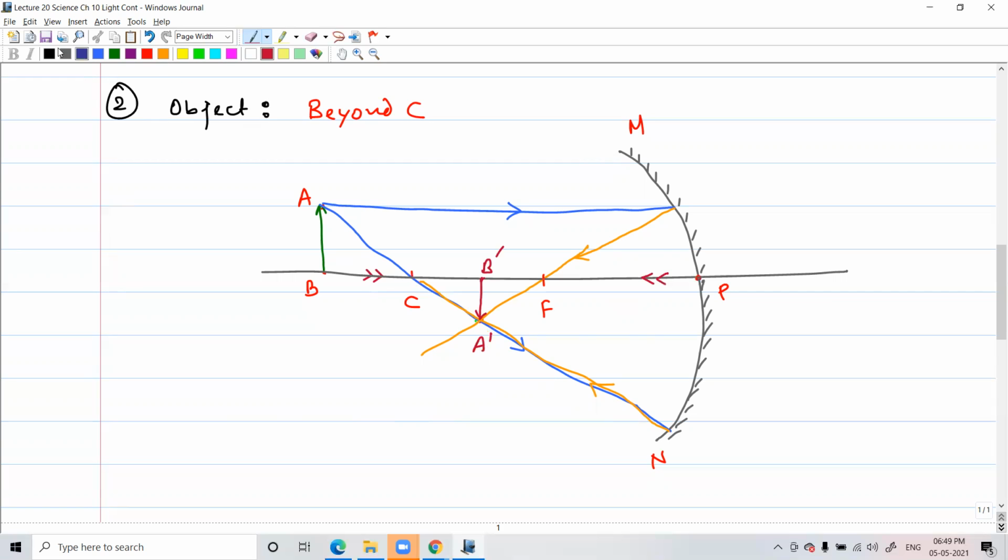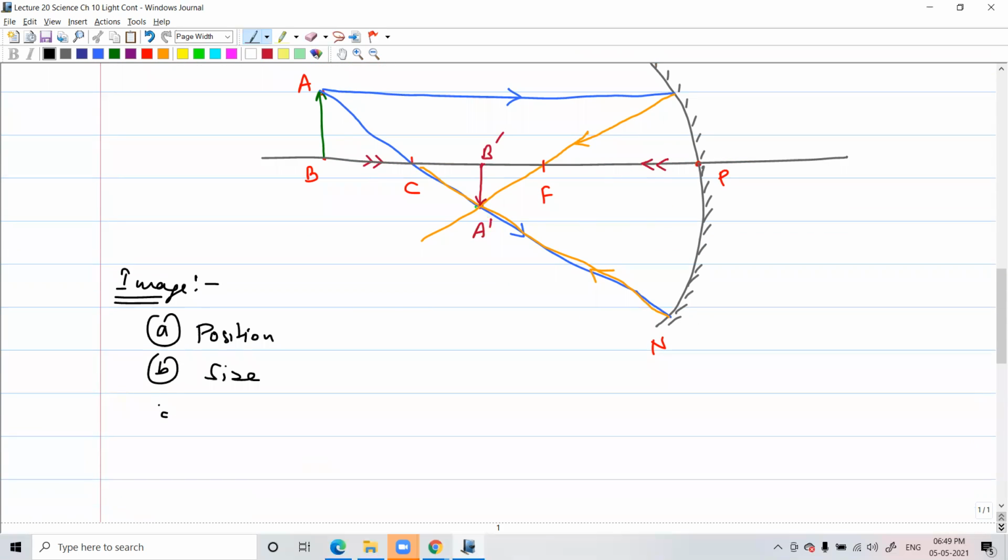Okay, let's write the information about the image. The three things we need to consider: position, size, nature. So you tell me this time, where is the position of the image?